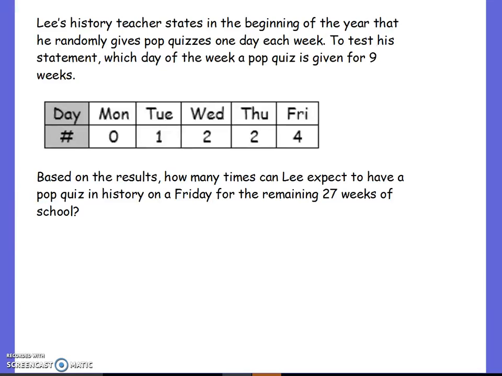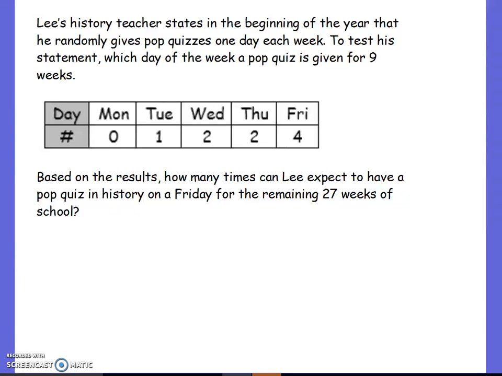Lee's history teacher states in the beginning of the year that he randomly gives pop quizzes one day each week. To test his statement, Lee records which day of the week a pop quiz is given for 9 weeks. Based on the result, how many times can Lee expect to have a pop quiz in history on a Friday for the remaining 27 weeks of the school year?